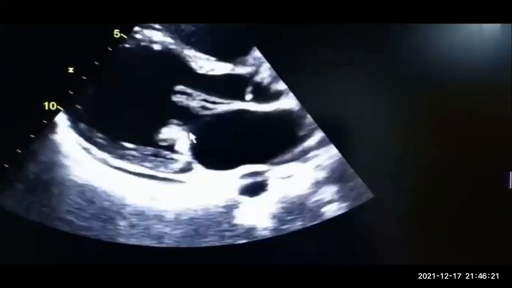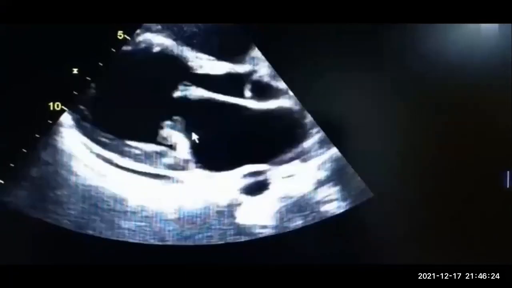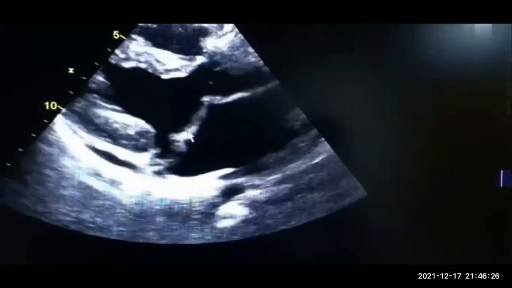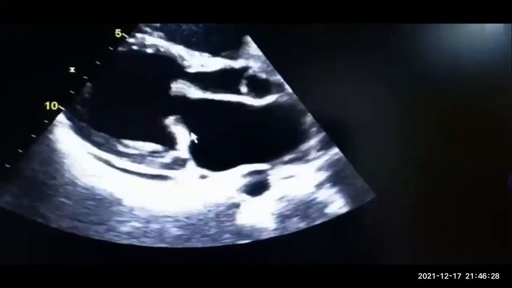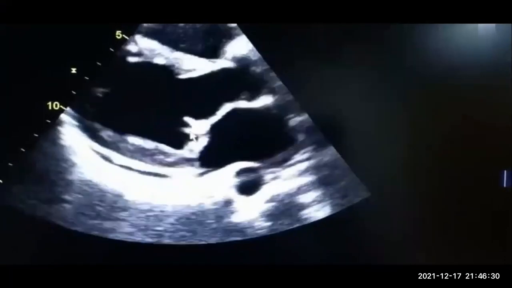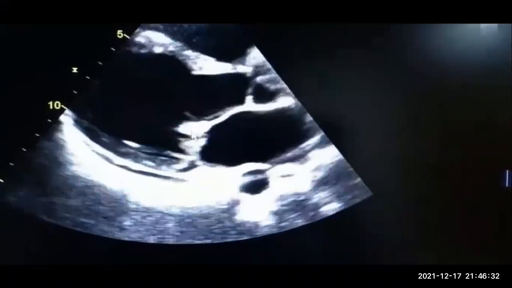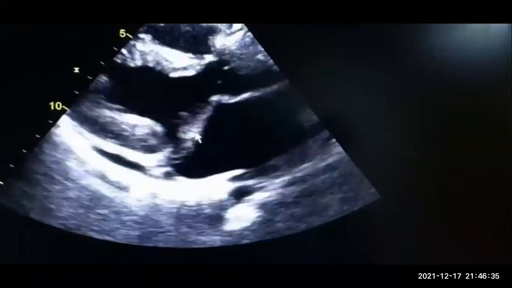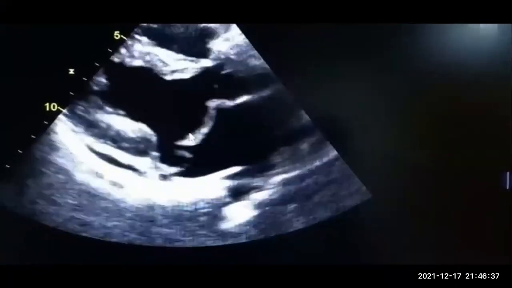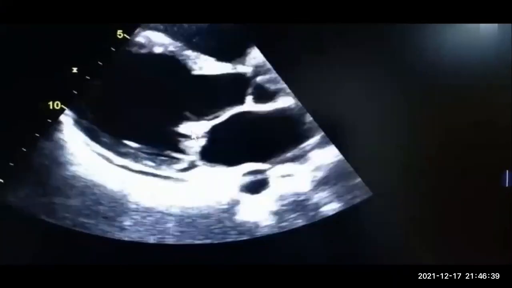Look at this case. This is a patient who has had mitral valve prolapse since 12 years old. I saw her today; she's 30 years old and has this prolapse. She doesn't have this thickness, but she has excessive tissue.